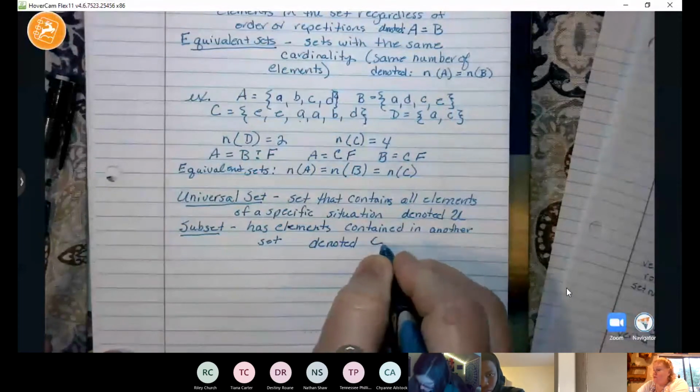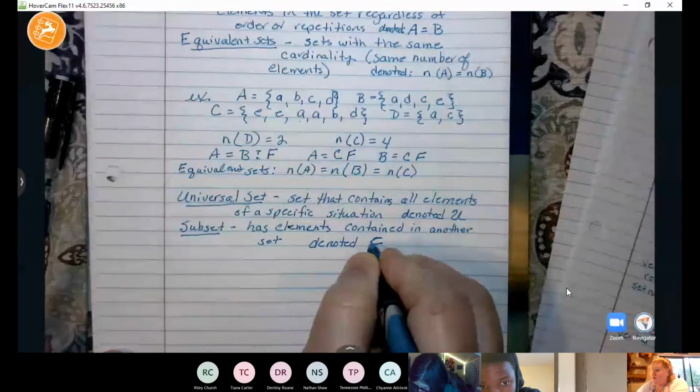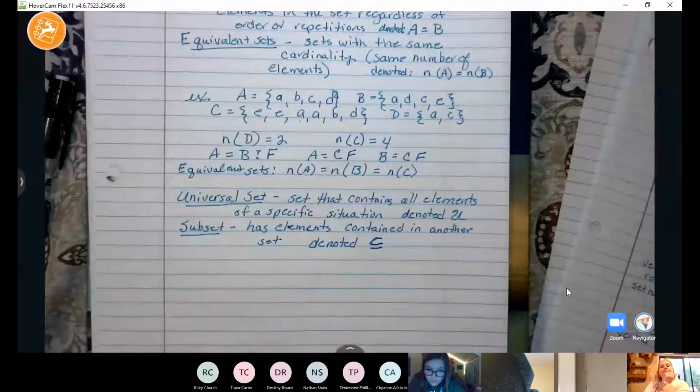The symbol used for subset is a U on its side with a line under it.